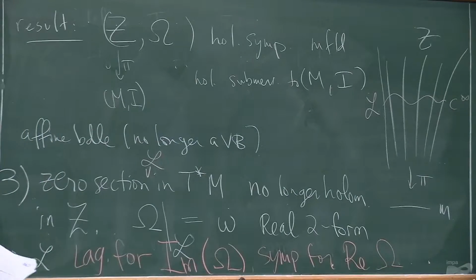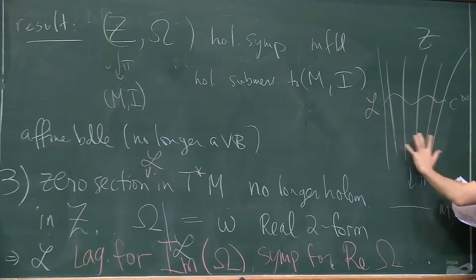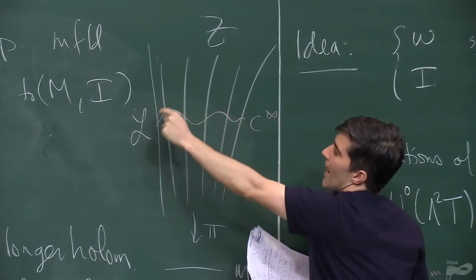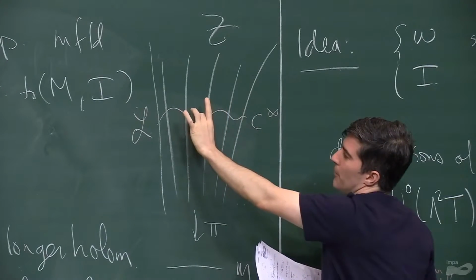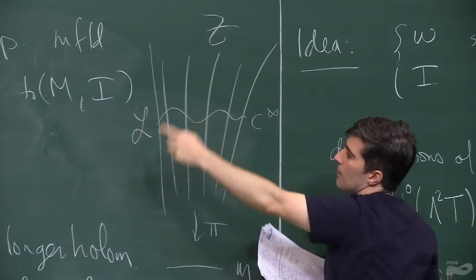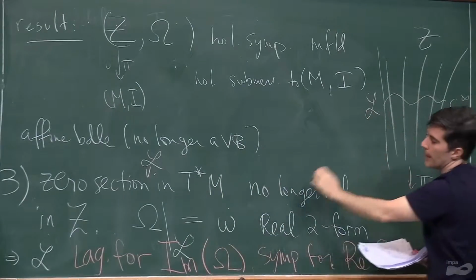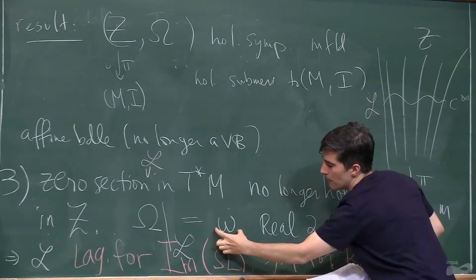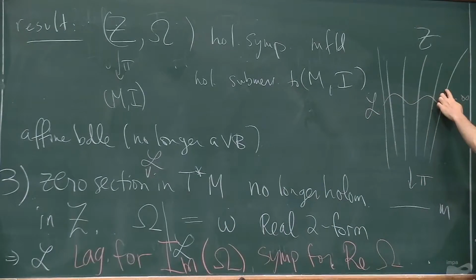So what's happening is that this new complex symplectic manifold has a C infinity cross-section. It's no longer a complex submanifold. And if I take the holomorphic symplectic form and restrict it here, what I get is the Kähler form, which is a real form. And so this means that it is Lagrangian for the imaginary part. So it's a Lagrangian submanifold.